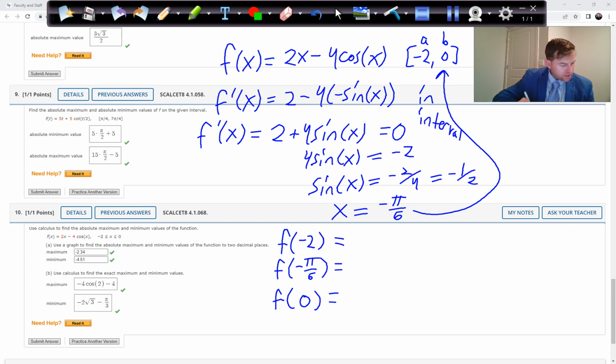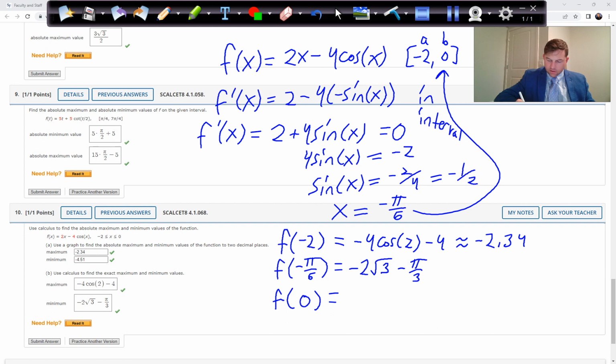If you do this, you'll get -2 will produce -4 cosine 2 minus 4, which is approximately -2.34. F of -pi/6 will produce -2√3 minus pi/3, which is approximately -4.51.